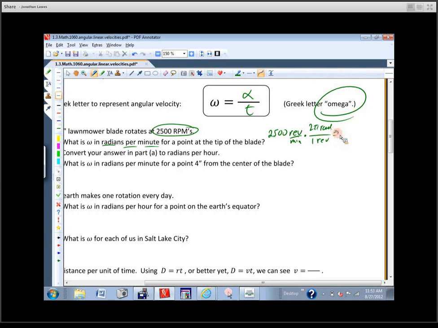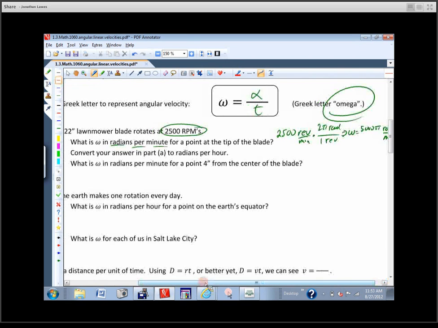So on this problem, that means that omega is 2,500 times 2 times pi. So that's going to be 5,000 pi radians per minute. Everybody okay with that? Easy enough? Just like the problem we did before.